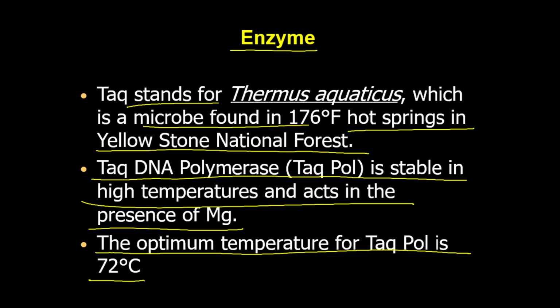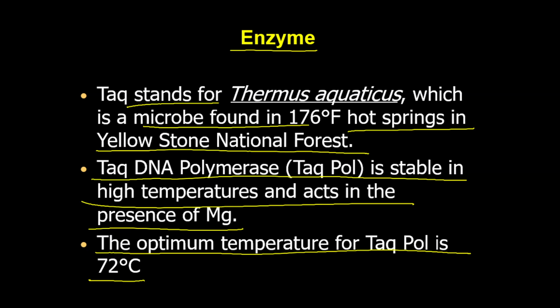Okay, so I've told you about an enzyme that is Taq polymerase. What is Taq polymerase? It is a DNA polymerase which is stable at high temperature. Now, why do we need a polymerase which is stable at high temperature? If you remember, when we are putting the reaction for the denaturation step, the temperature reaches as high as 95 degrees Celsius.